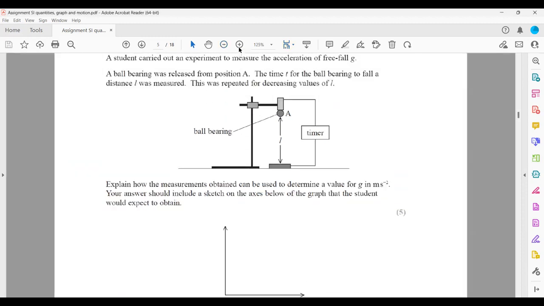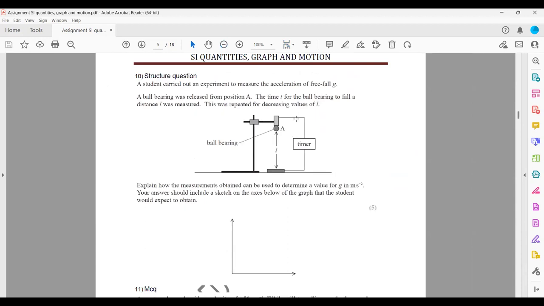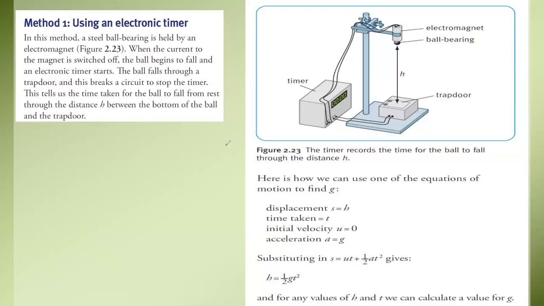So we already discussed this experiment, how we can determine the acceleration due to gravity. This was the experiment. The whole procedure is there. In this method, a ball bearing is held by an electromagnet, as you can see in figure 2.23.